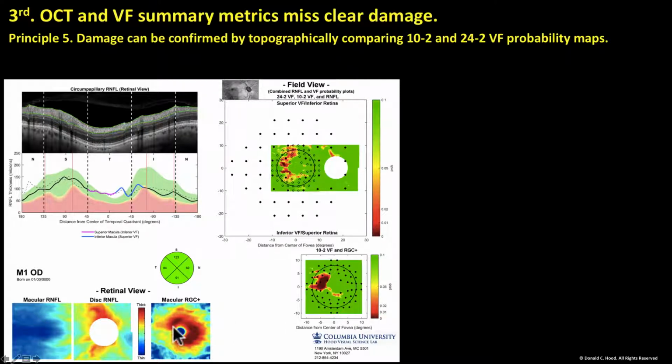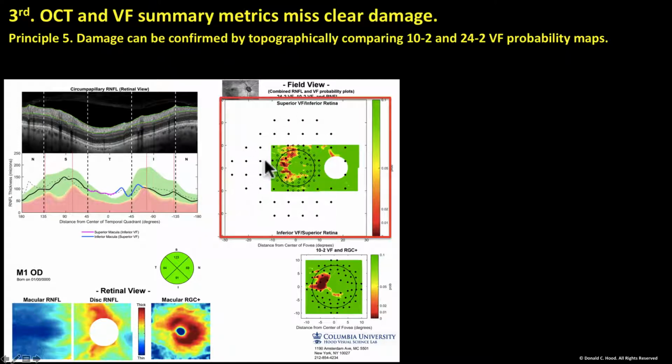So again, 5 principles behind this report. Principle 5 was damage can be confirmed by topographically comparing visual field probability maps, making use of both the 10-2 and the 24-2. That's what we can do here, where we've superimposed in field view the locations. You can't tell whether this is normal or abnormal.